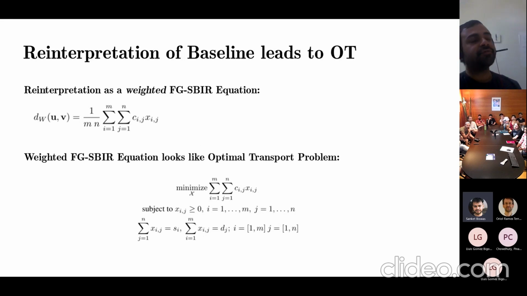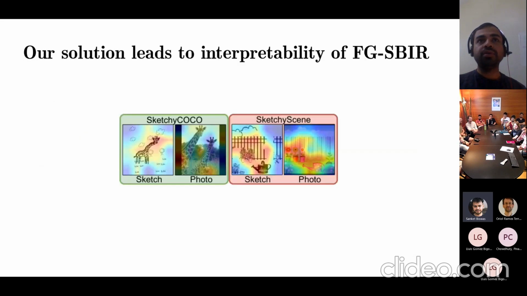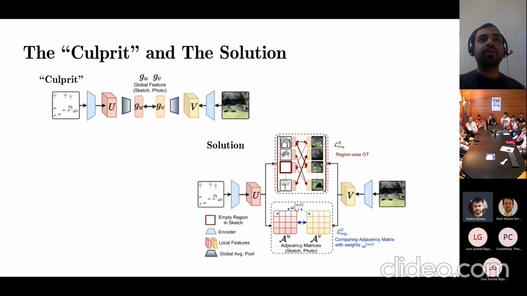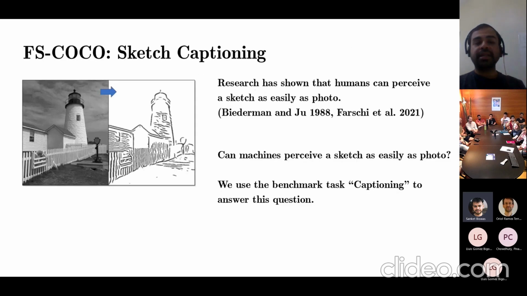For the image captioning, we want to match it with the image captioning, because the objective here is how well you can describe the scene. The underlying intuition is that machines can understand photos as well as sketches.